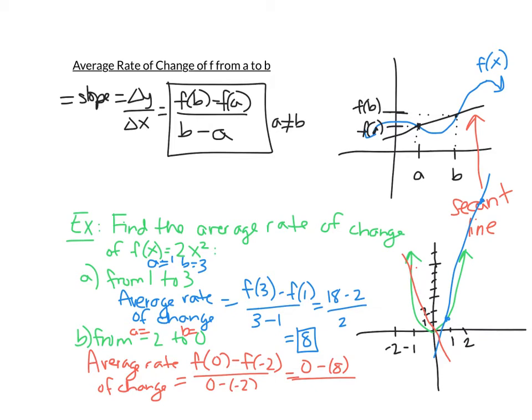And then I end up with a positive 2 in the denominator. I get -8 over 2, which is -4. So if you look at the graph, it makes sense. It should be a negative rate of change at that point.